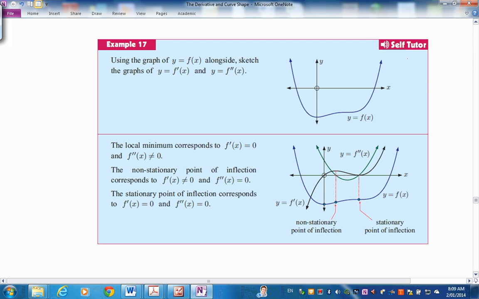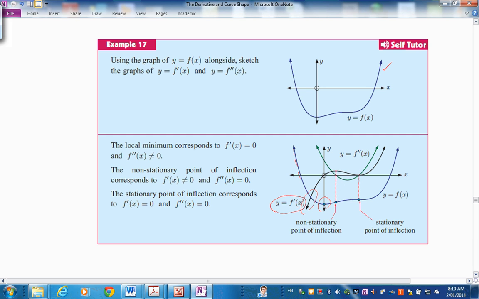Here we are. Here's the graph of f of x, and they want us to draw the graph of the two derivatives. So let's have a look. Let's take the first derivative here, f dash x. As you can see, the slopes of the tangents are negative, so starting from behind there.